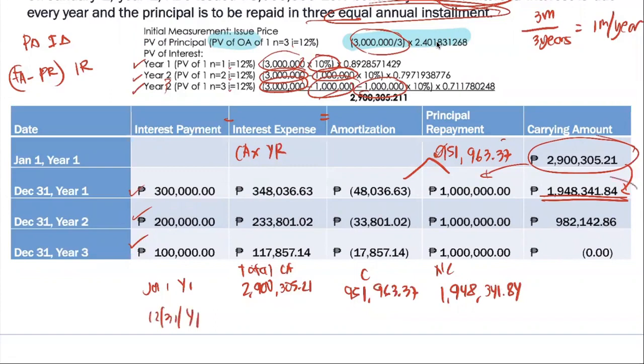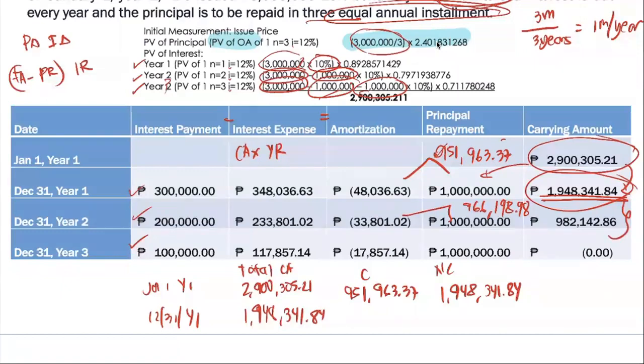How about on December 31, year 1? What is the carrying amount? 1,948,341.84. To get the current portion, get again the net amount of this one. So 1 million less 33,801.02 will give you 966,198.98. Or you can get the difference of this one.